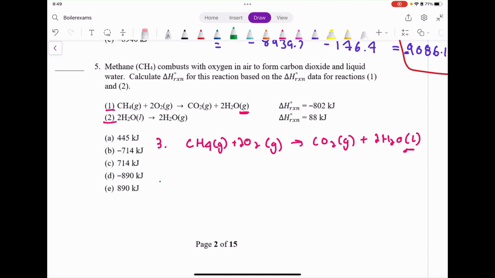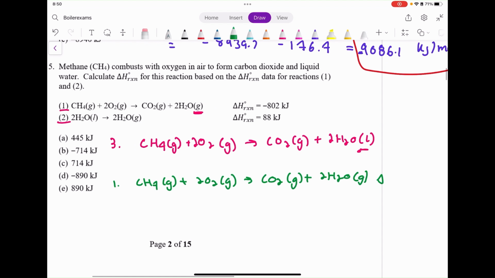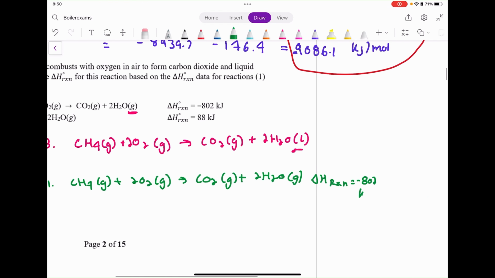So let me rewrite reaction 1. Gas plus 2O2, gas. Okay, now, so I know the delta H reaction for this. It's negative 802. I didn't change anything there. Kilojoules per mole, or just kilojoules.